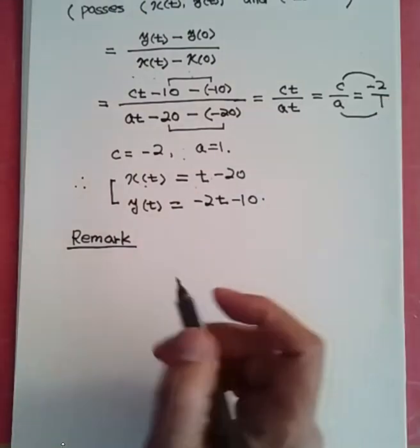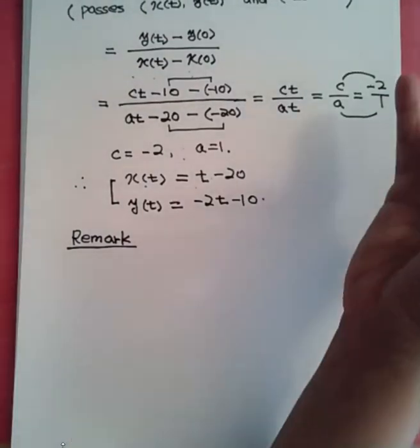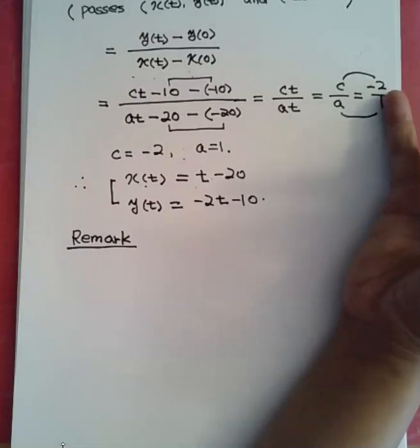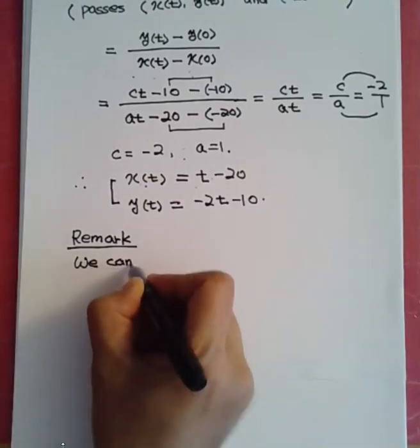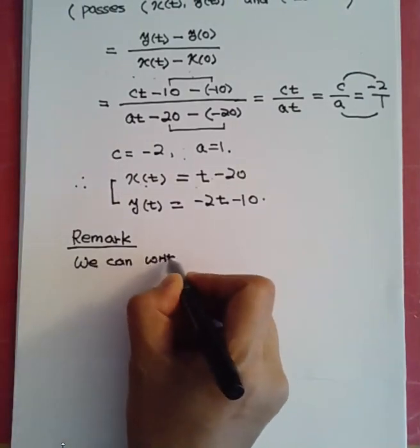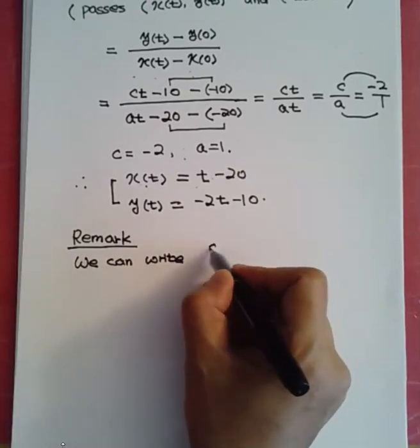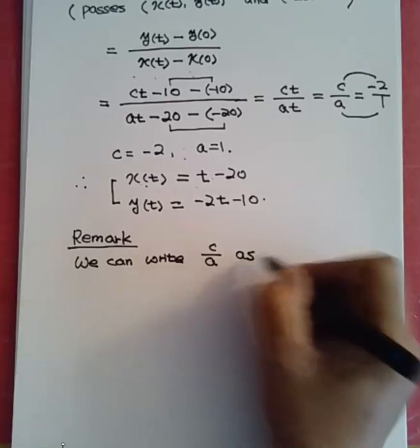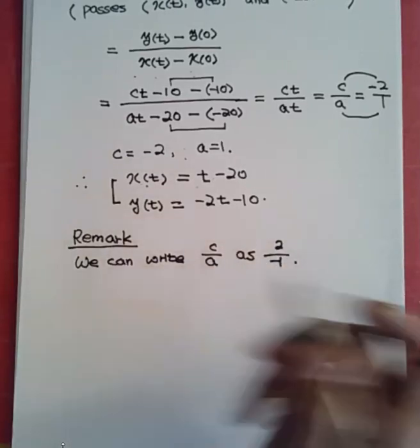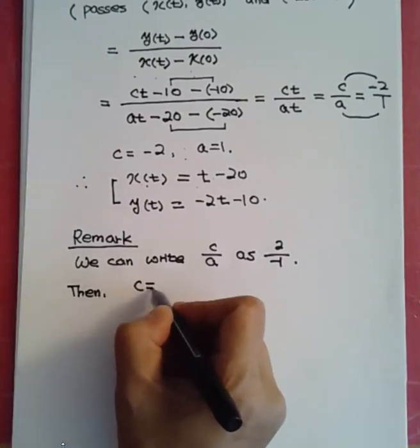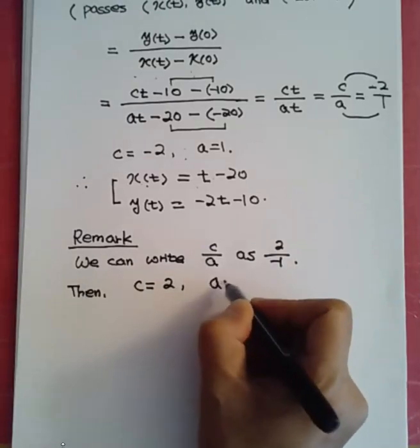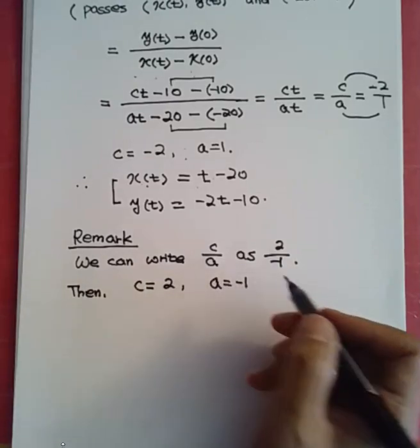In the last step, instead of minus 2 over 1, we can write it as 2 over minus 1. If we do that, then it'll change the answer because c equals 2 and a equals -1 in this case.